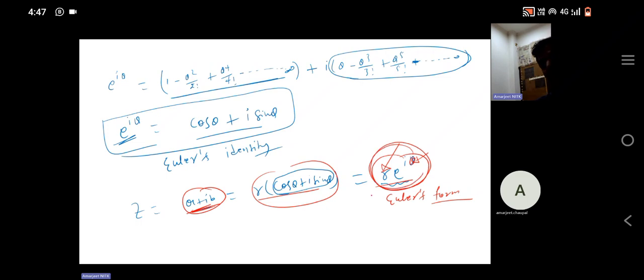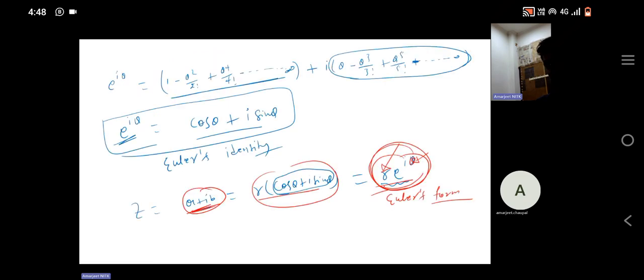For example, suppose we have a complex number z equals i to the power i to the power i, iota to the power iota to the power iota, and we have to find the modulus and argument of this complex number. So here the Euler form will be better. What is the Euler form?